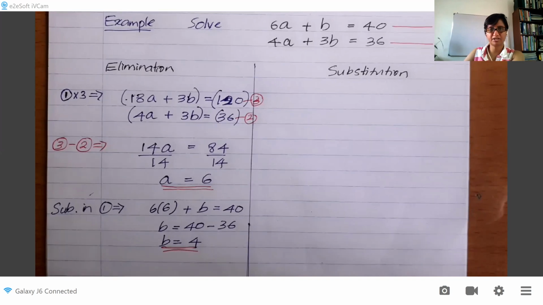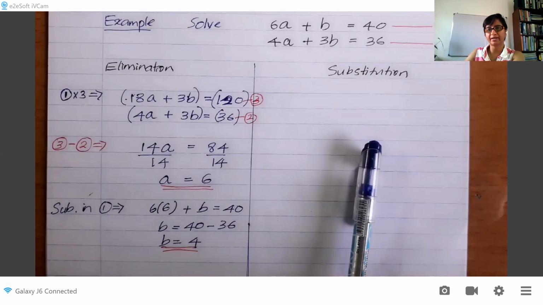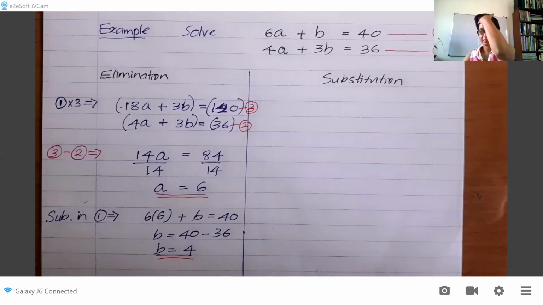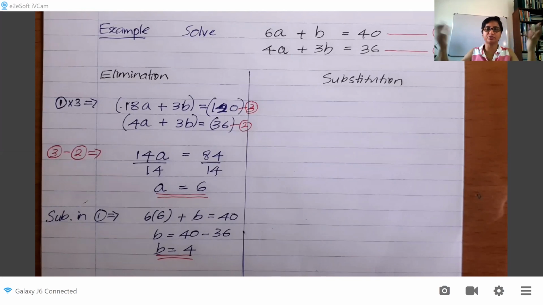Okay, substitution method. What do you do in that? Your final aim is somehow to obtain a single equation with only one unknown, because any equation with one unknown, you know how to solve. So you're thinking of a way to combine these two equations to get a single equation of one unknown.